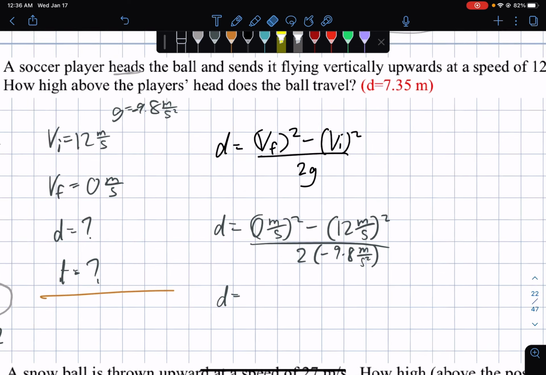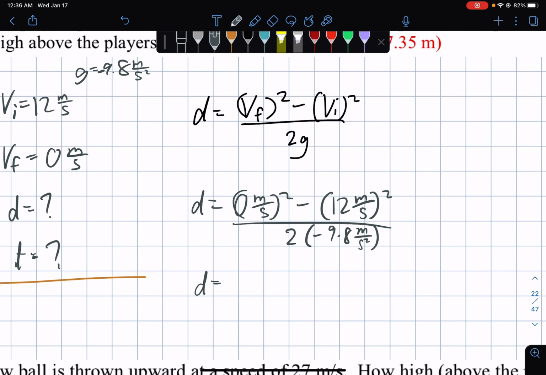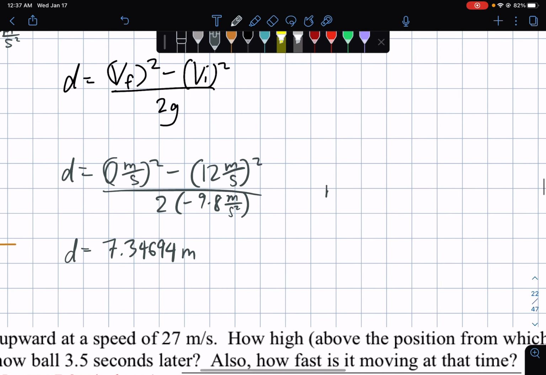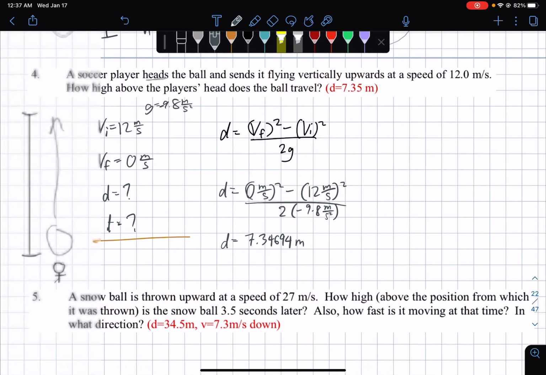Okay, so the answer is going to be 7.34694 meters. Let's just check the units. Meters squared per second squared, divided by meters per second squared. Okay, yeah, the final unit is meter.